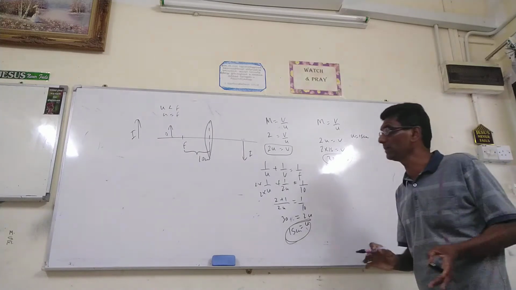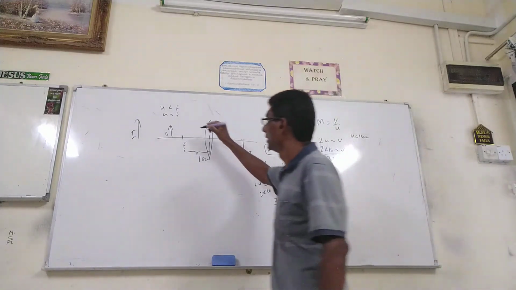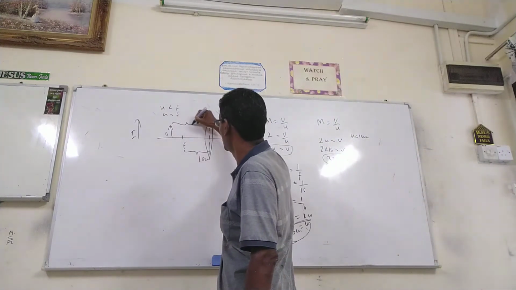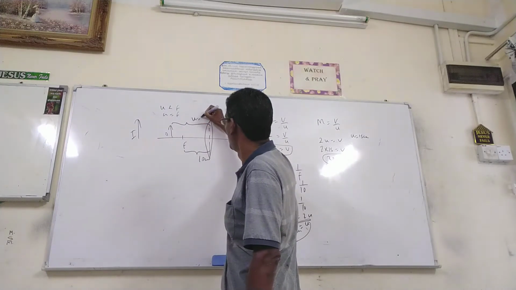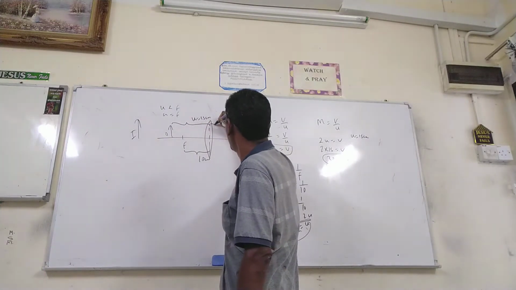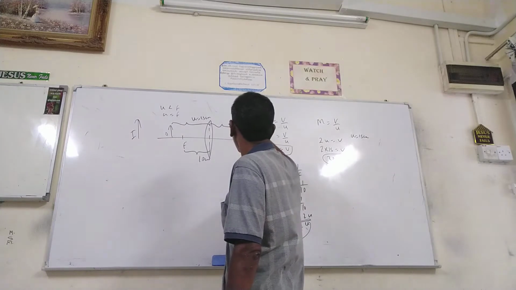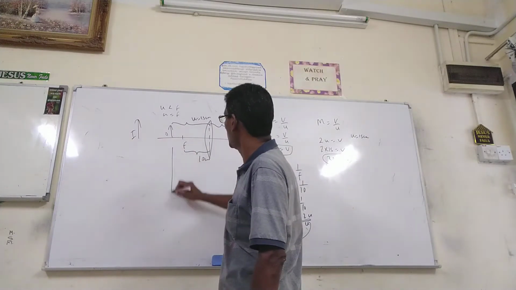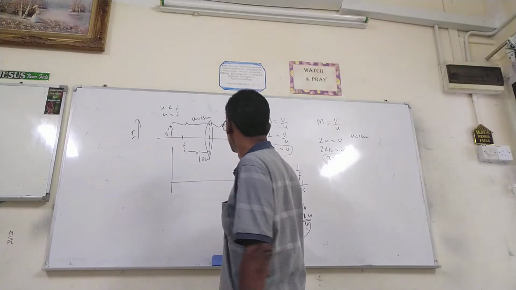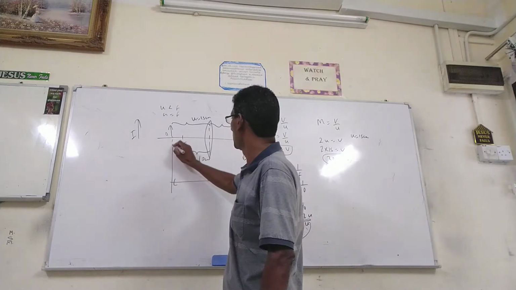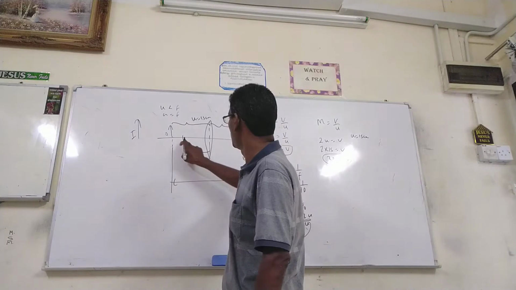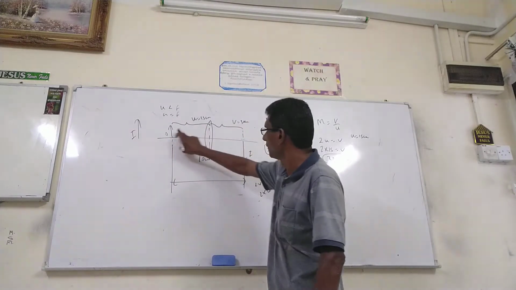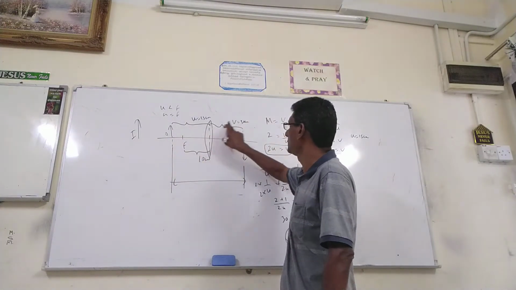So the distance between object and image, remember: this is u, 15 cm, and this is v, equals 30 cm. So the distance between object and image is the 15 cm object distance plus the 30 cm image distance.